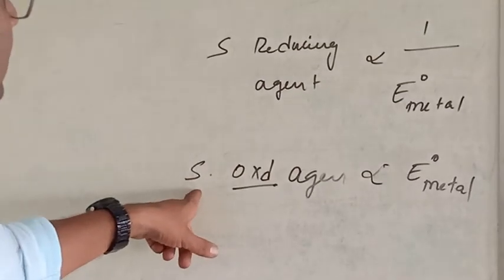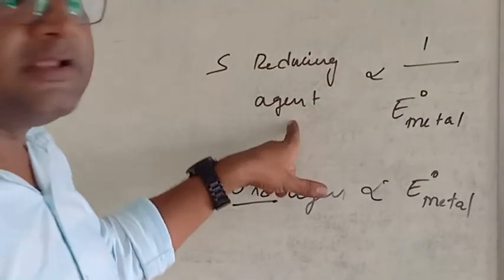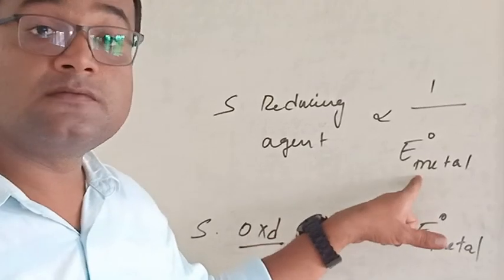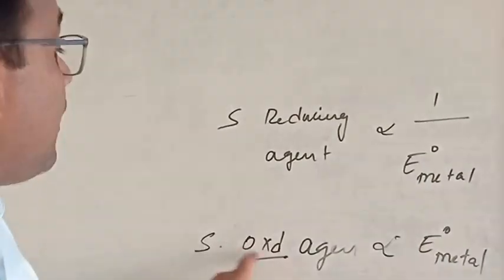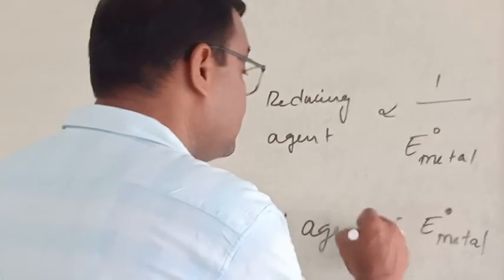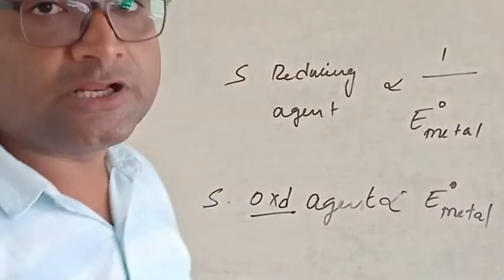So the strongest reducing agent is one whose electrode potential is very small, and a strong oxidizing agent is one whose electrode potential is more.